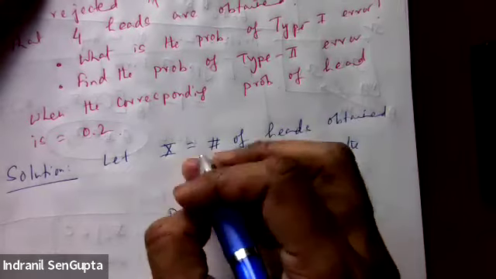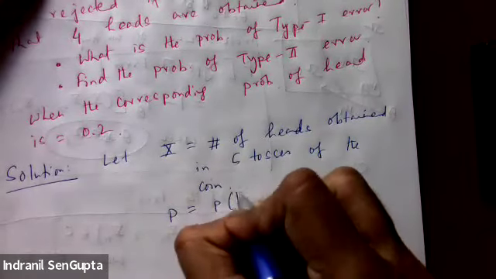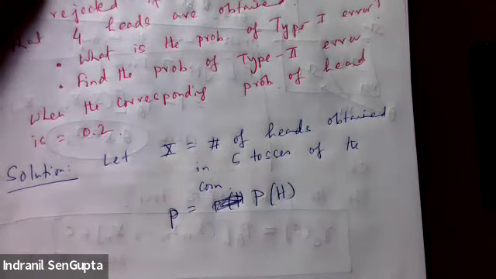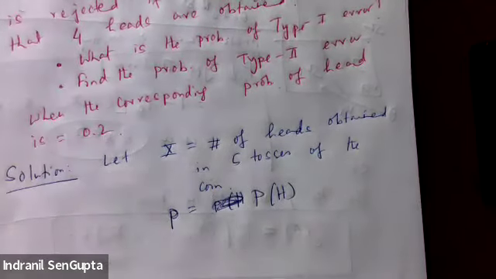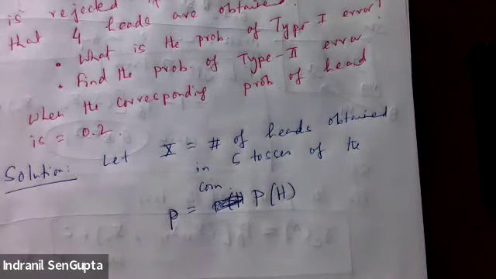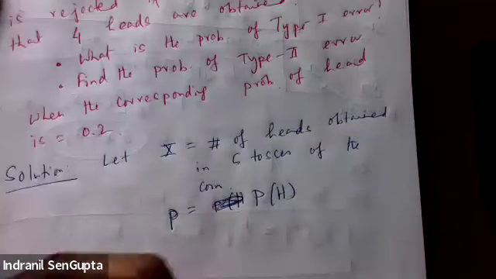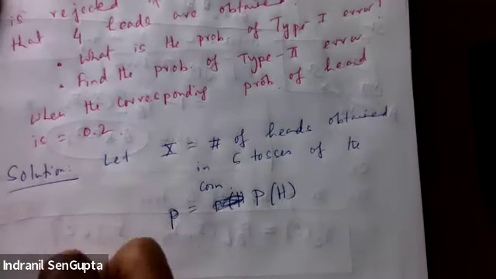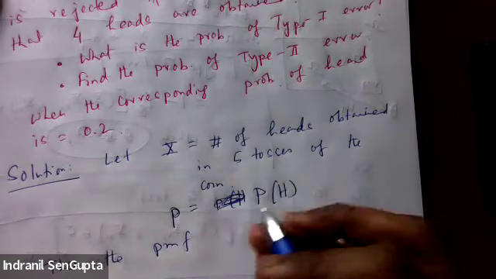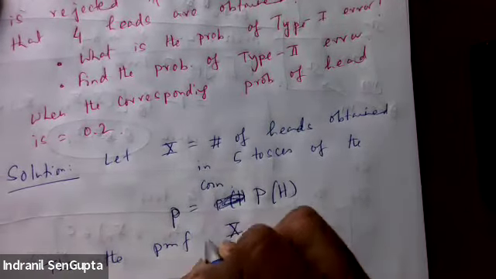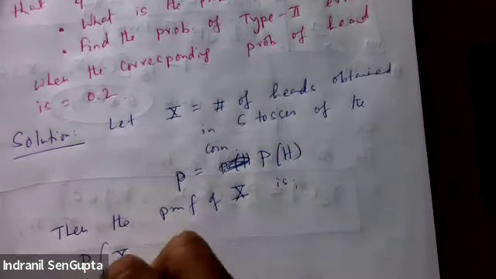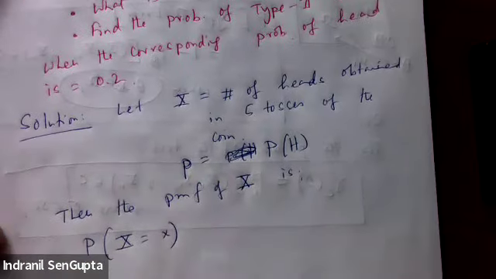And p is the probability of the head, little p. Then in general, the probability mass function, X is the number of heads, so the probability of big X equals little x, suppose it takes value little x.